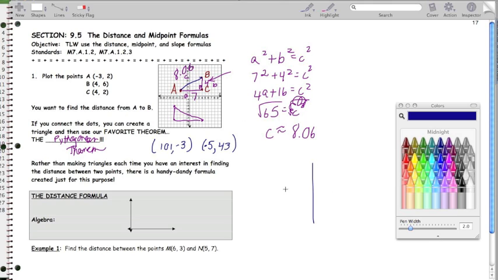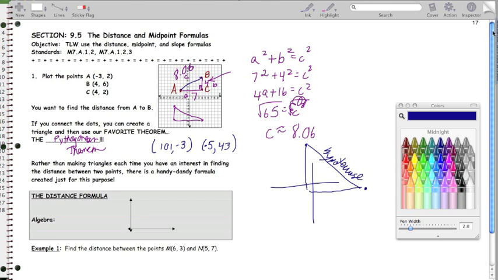I'm totally making them up. 101, negative 3 would be all the way out here. Negative 5, 43 would be all the way up here. If you were to make a graph of this, your graph paper would be huge. You would be taping pieces of graph paper together, only just to get the dimensions of your legs, not even to do the problem, just to get those dimensions, so then you could actually find the hypotenuse. So that wouldn't be the best method in that case.